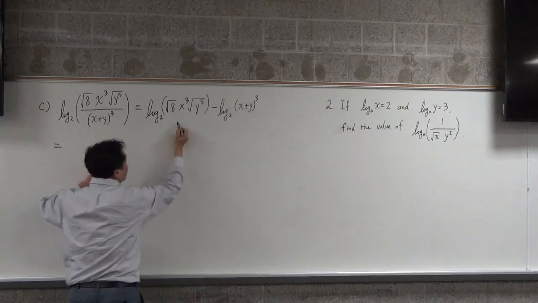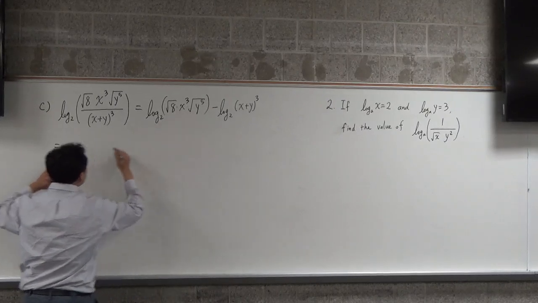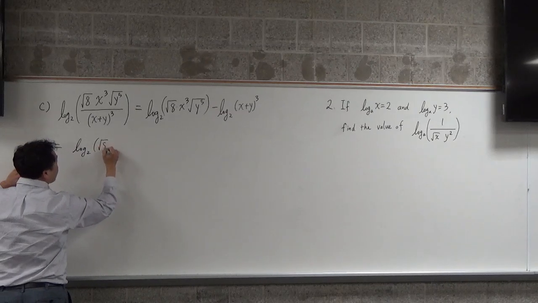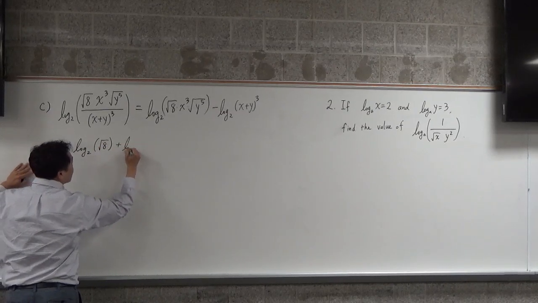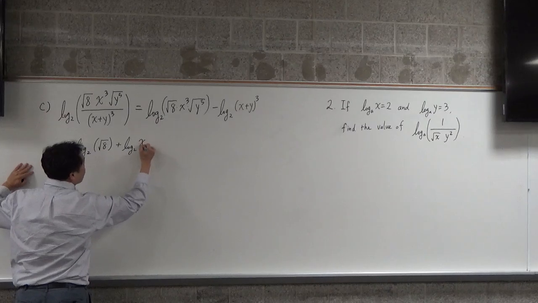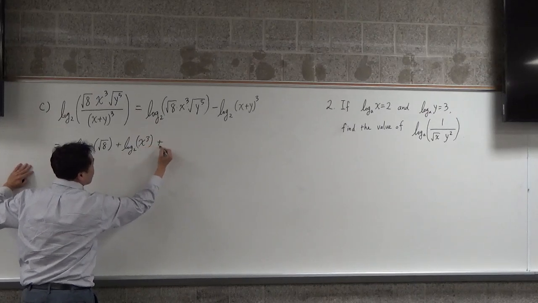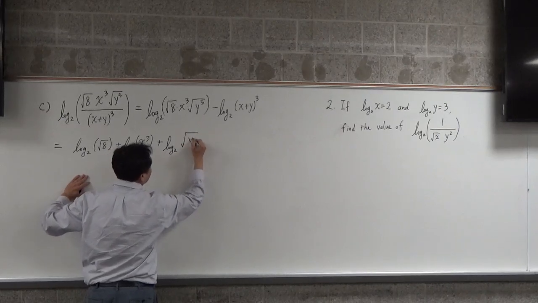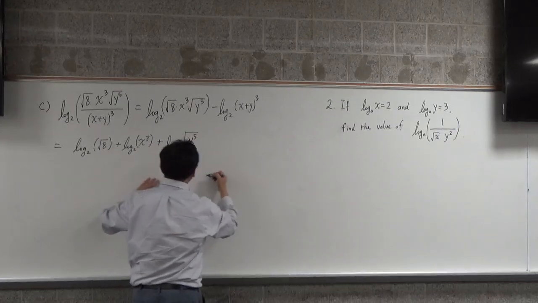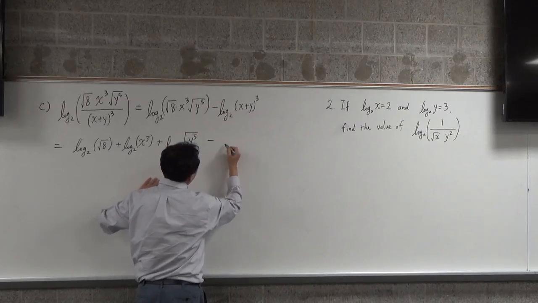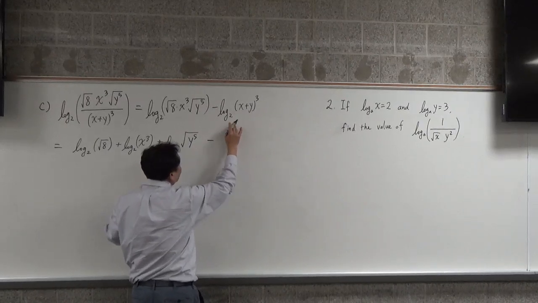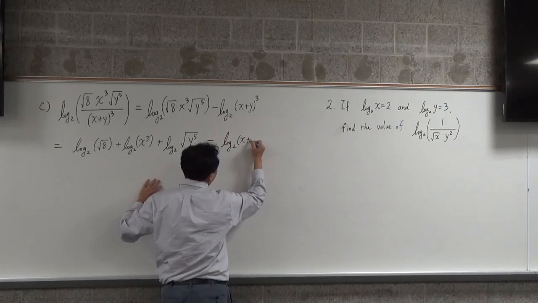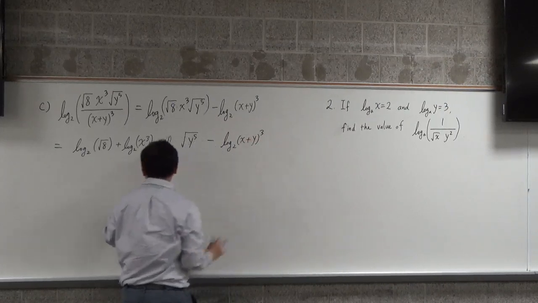And then if you see multiplication, now you do log base 2 of square root of 8 plus log base 2 of x cubed plus log base 2 of square root of y to the 5th power minus, and then for this one, let's just leave it as it is. And we'll talk about this one later.